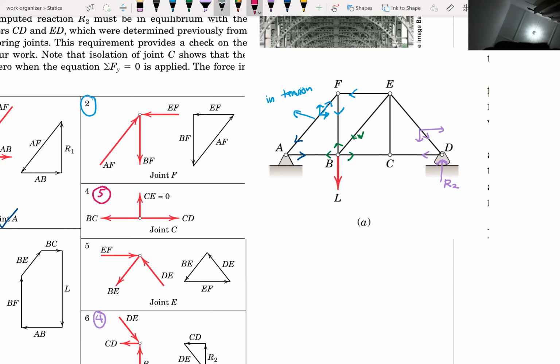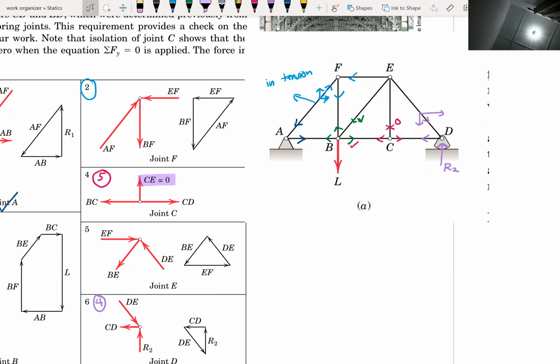For C, we know this is going to the right, and this one is going to the left. So check, it's correct. There should be no forces here, so y is 0. So CE is 0, because there is no force in the y direction.